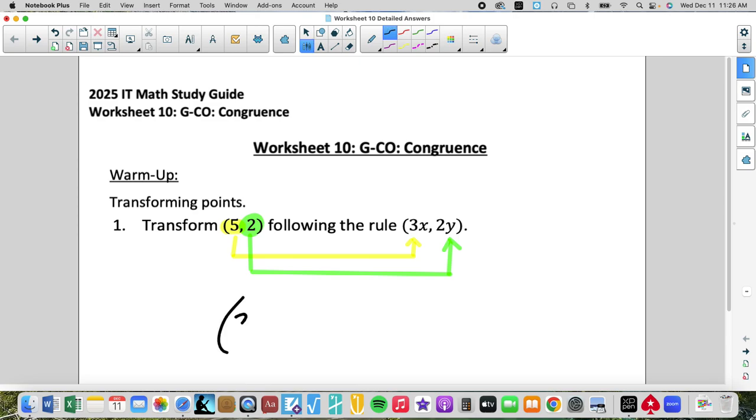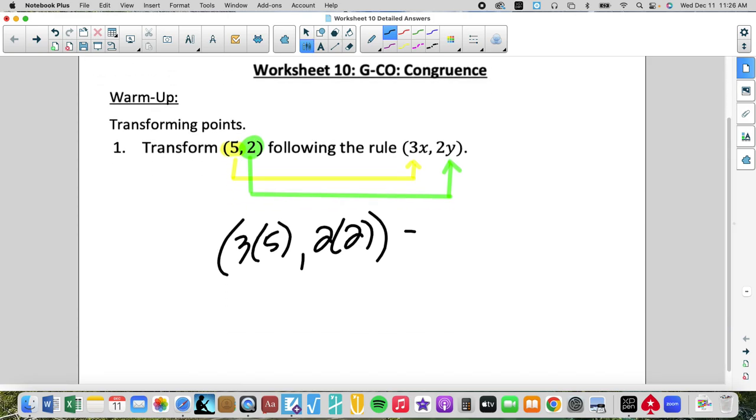We're going to take 3 times my x value as my new x value, and 2 times my y value as my new y value. So my new coordinate is going to be 15, 4. That is how it transforms, utilizing that rule.